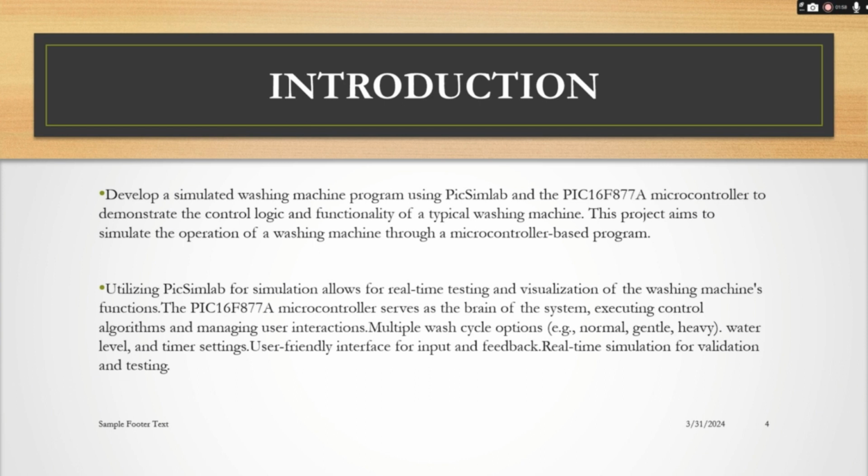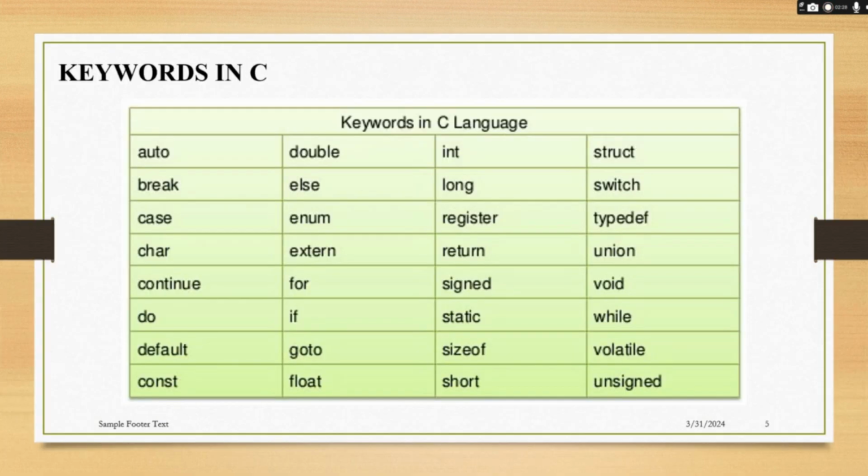The PIC16F877A microcontroller serves as the brain of the system, executing the control algorithms and managing user interactions. There are multiple wash cycle options like gentle and heavy, and we can also adjust the water level and set the timer settings. It is a very user-friendly interface for input and feedback, and it has real-time simulation for validation and testing. Let's move on to the next slide.